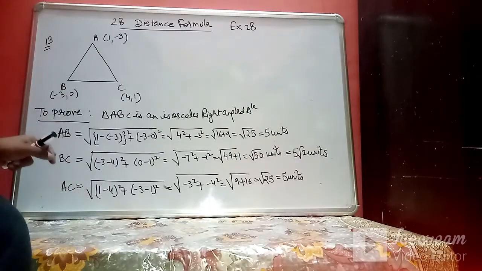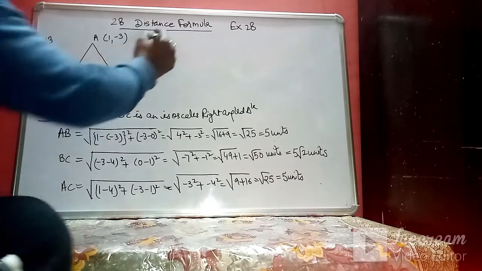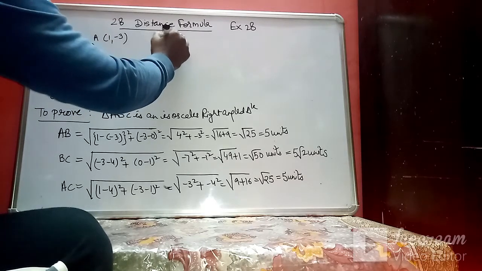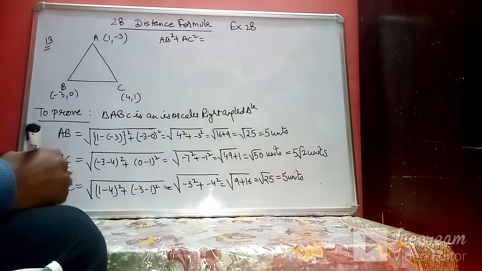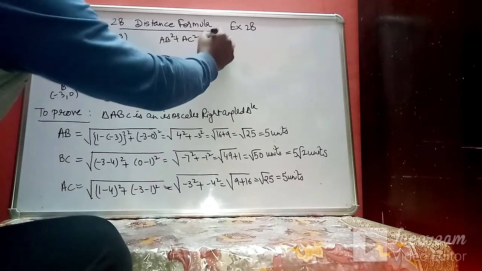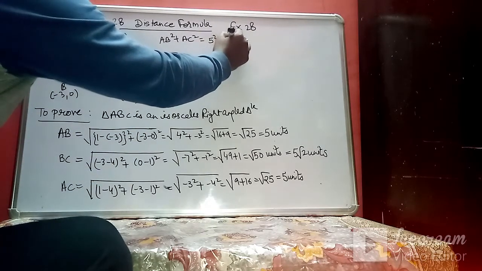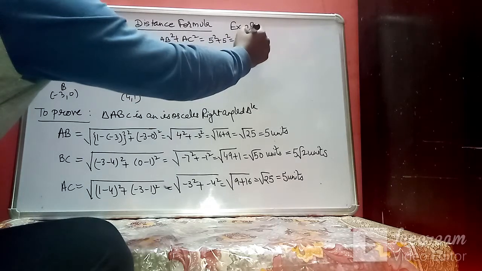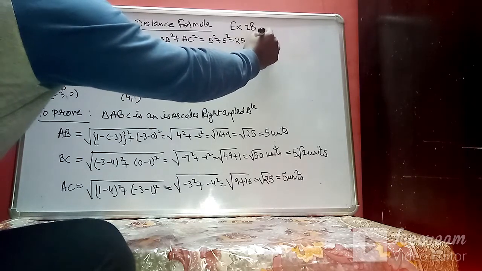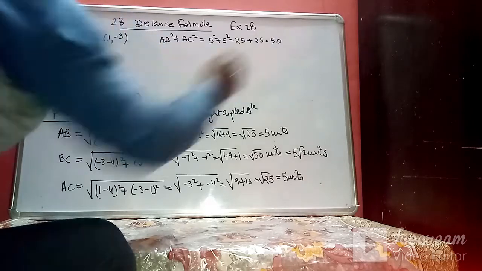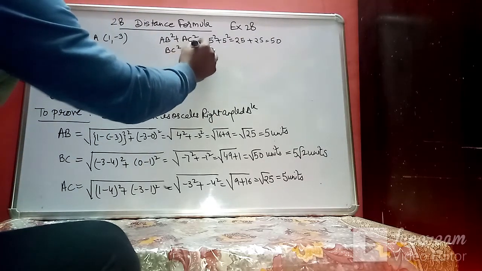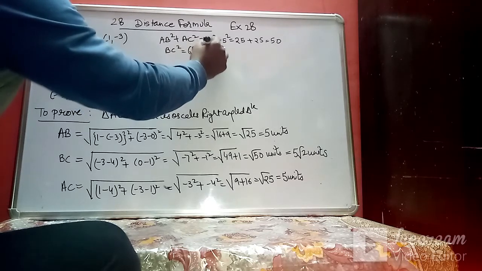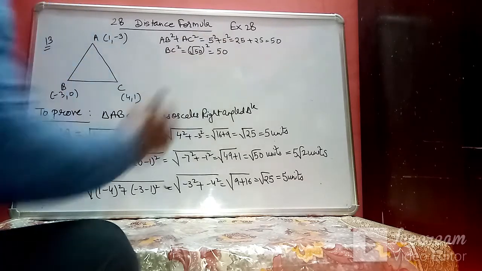Okay. So what we are going to do? We will calculate AB square plus AC square, and it will be how much? 5 square plus 5 square, that is 25 plus 25 equal to 50. And what is BC square? Root 50 square, that is 50.